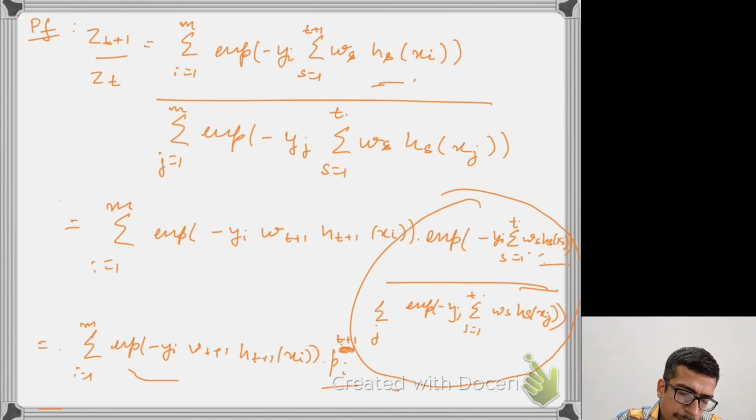Okay. Now I'm going to have certain instances wherein yi and ht plus 1 xi are equal, and certain instances wherein they are not equal. So I'm going to write it as summed over i from 1 up to m, exponential of.